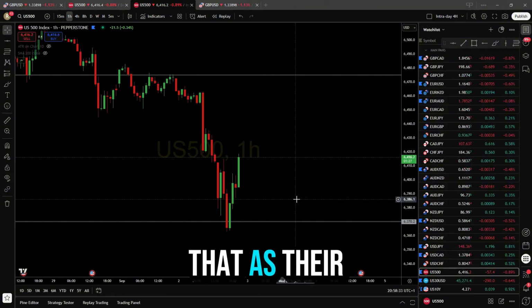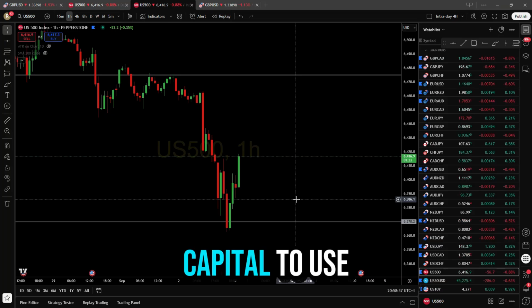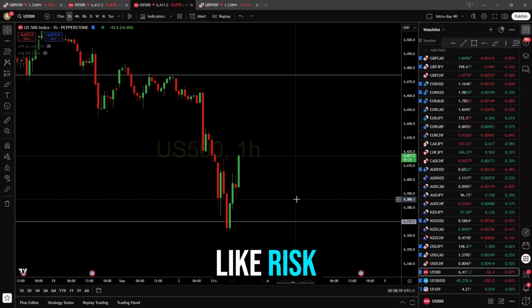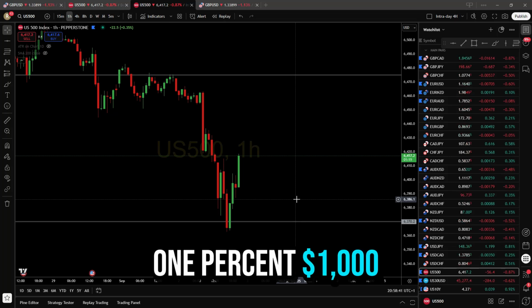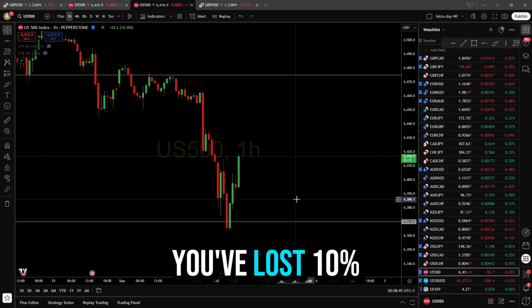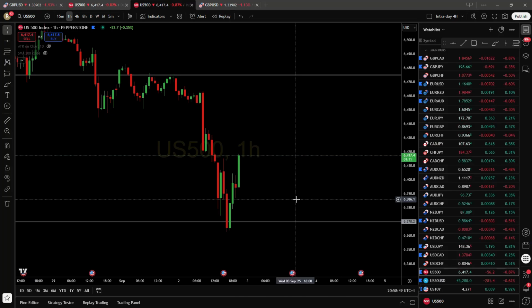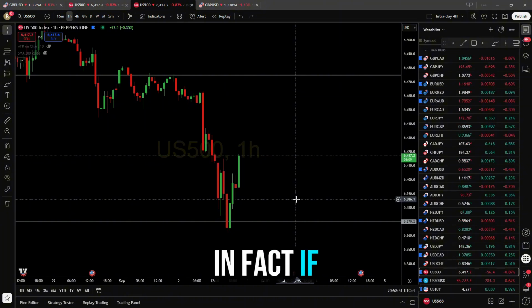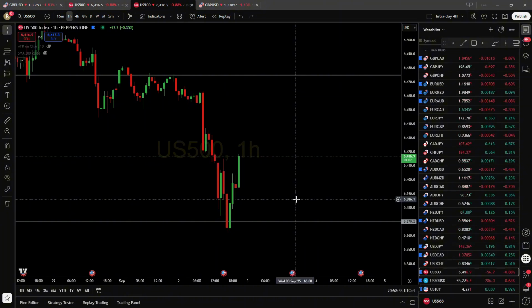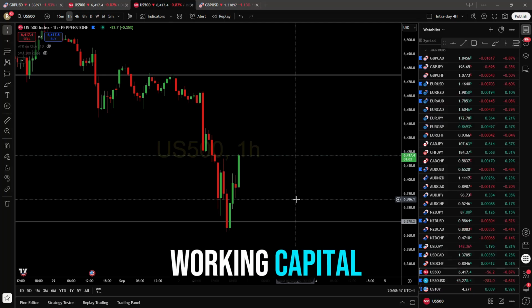People look at that as their pool of capital to use, that 100,000, like risk 1%, $1,000. If you lose your first trade, you've lost 10% of your working capital. In fact, if it's on the day, you've actually lost 20% of your working capital.